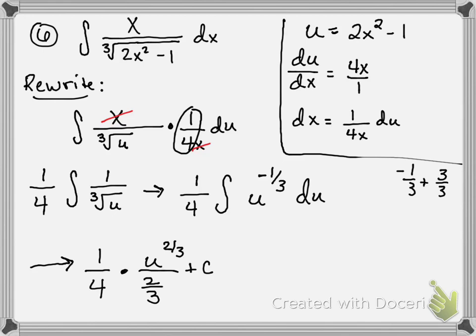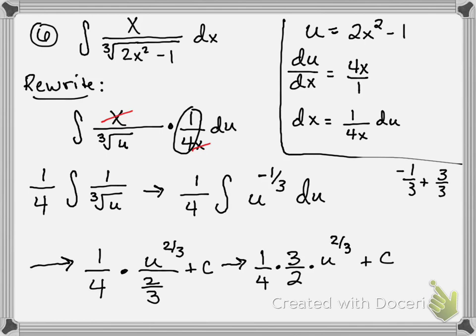So that's actually 1 over 4 times 3 over 2 times u to the 2/3 plus c.